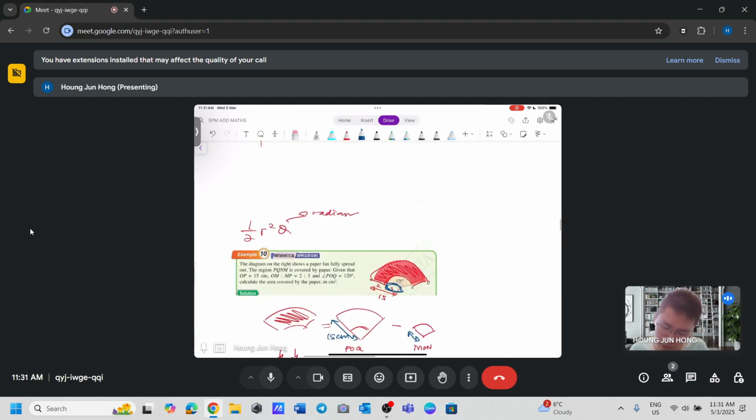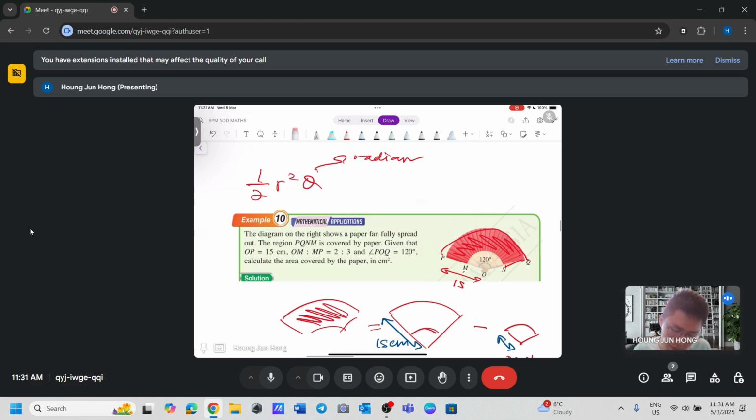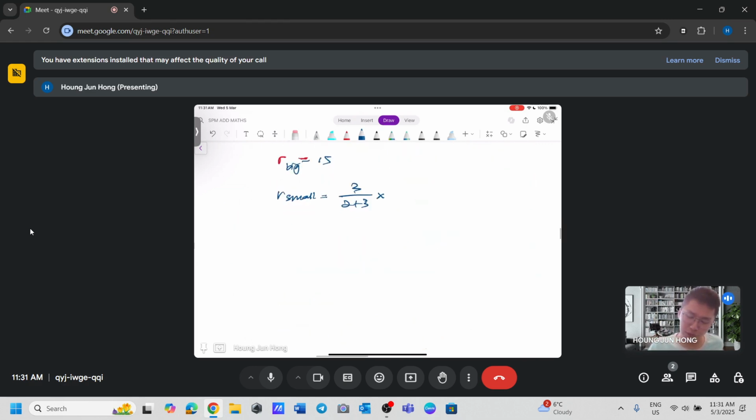Hold up, OM is 2, not 3. This is a bit tricky, but OM is 2 and MP is 3. So this should be 2 over 2 plus 3, times 15, then you get 6 cm.